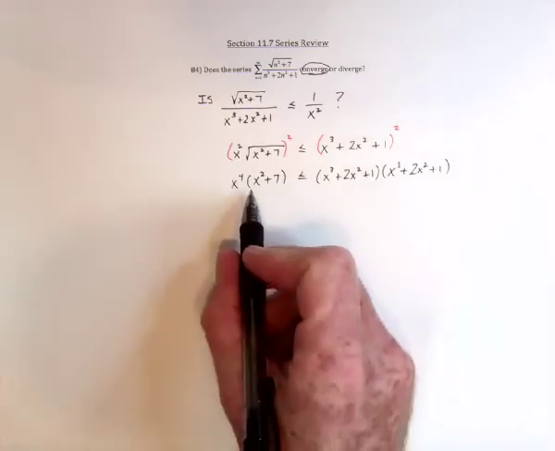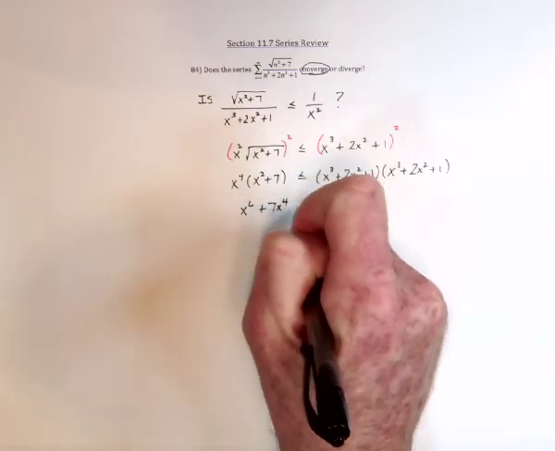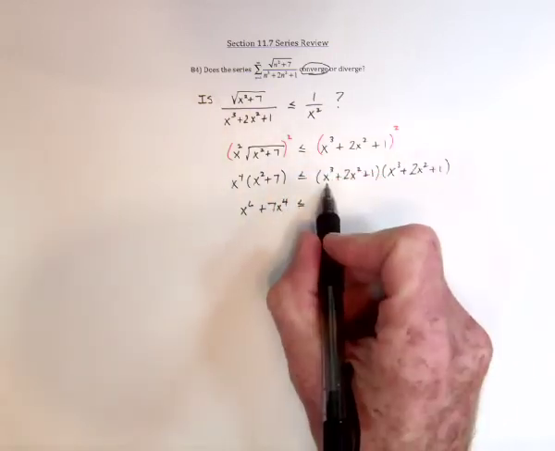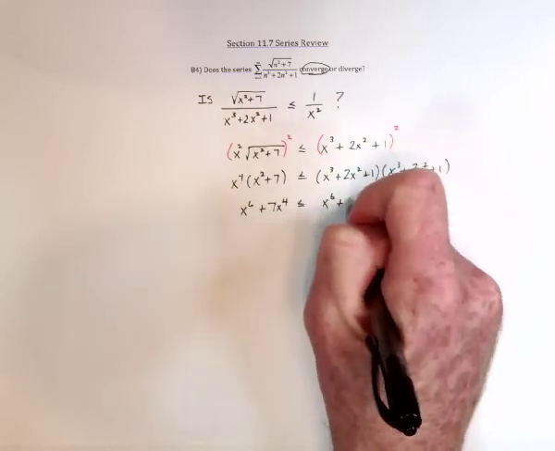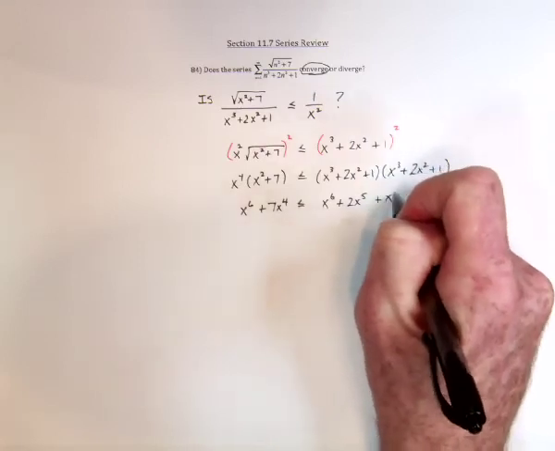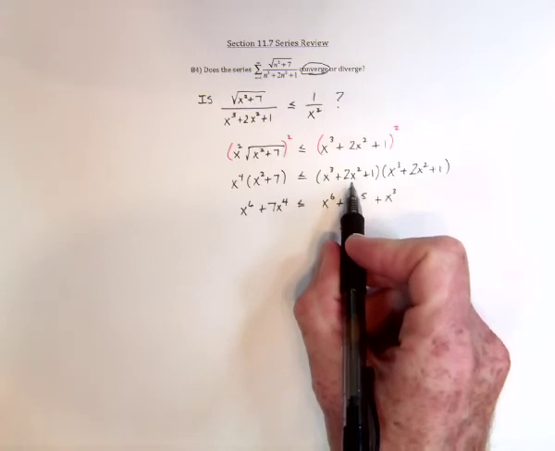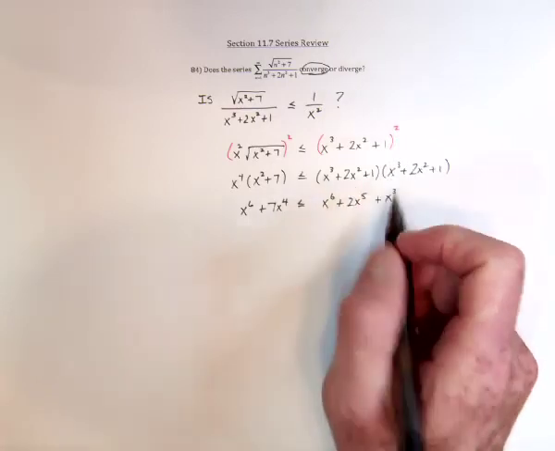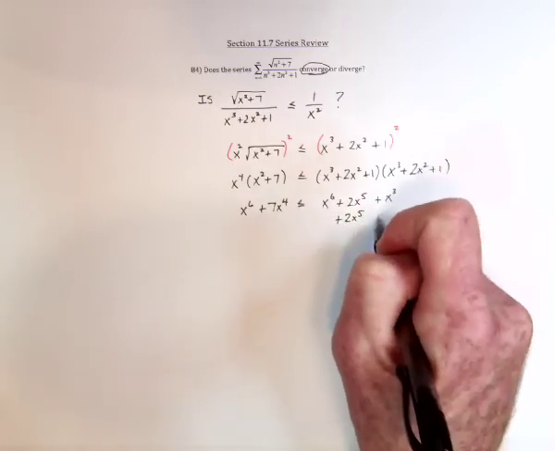Okay, so on this side we've got x to the 6th plus 7x to the 4th. On the other side, multiply this out, we've got x to the 6th plus 2x to the 5th plus an x to the 3rd. Now multiply this term out, so this and this would make x to the 5th. There's going to be 2x to the 5th.